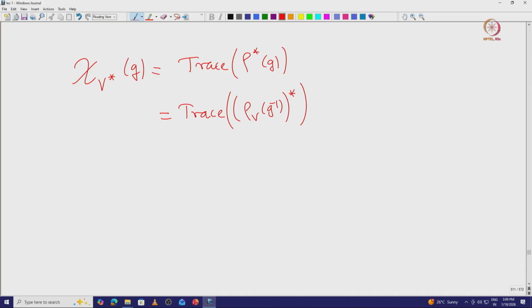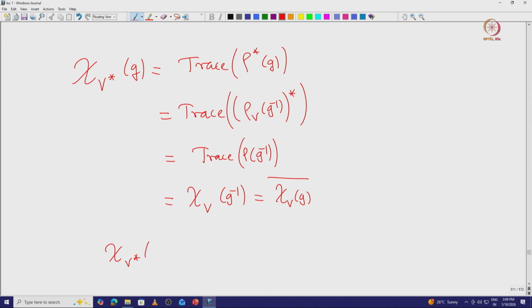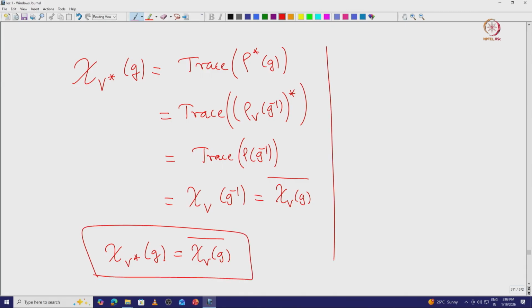It is not difficult to verify that this is exactly the trace of rho of g inverse, which equals chi_V of g inverse, which is also equal to chi_V of g bar. So basically chi_V star of g is exactly equal to chi_V of g bar.